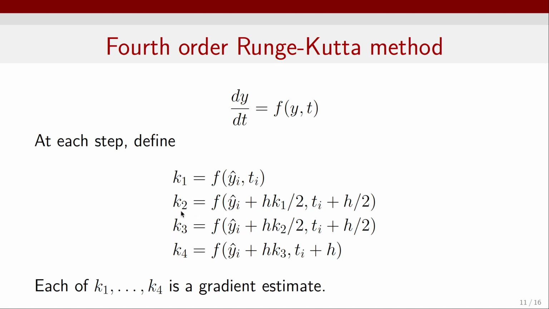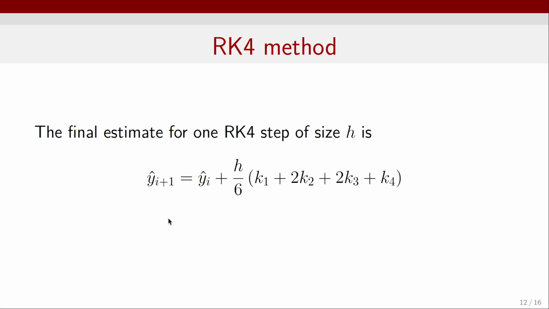So each of those is an estimate of the gradient of the function, and then we combine these terms in such a way that the result is fourth order accurate. So you can see that the result looks like this. So that's the time step, and then we take 1/6 of these terms.